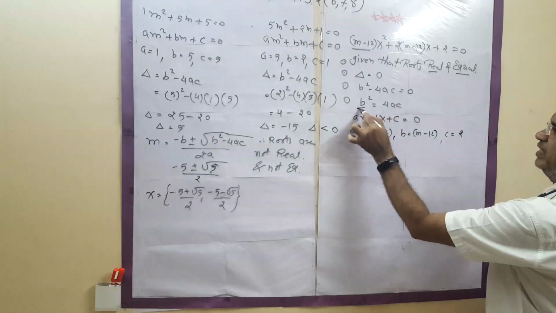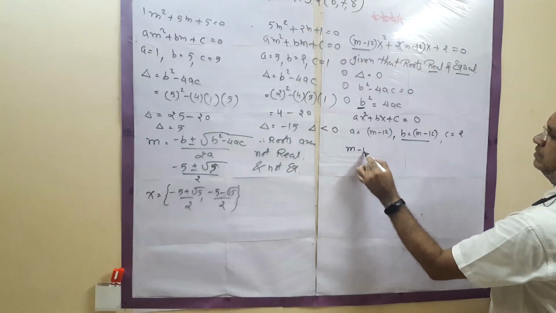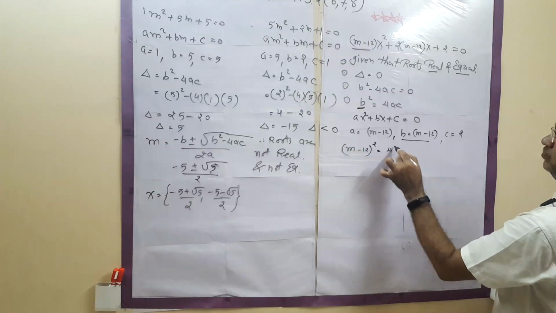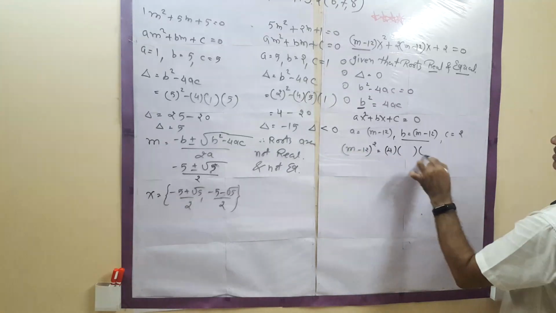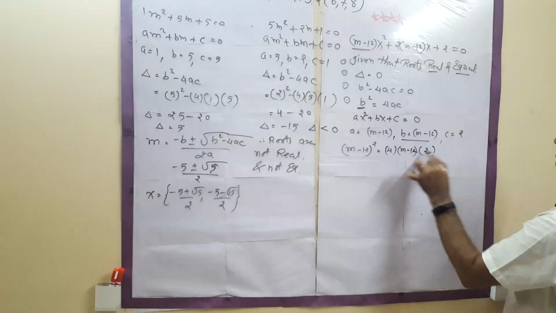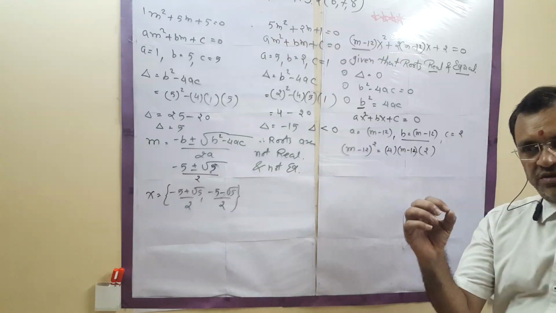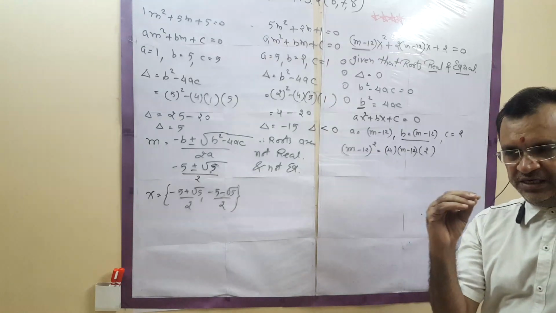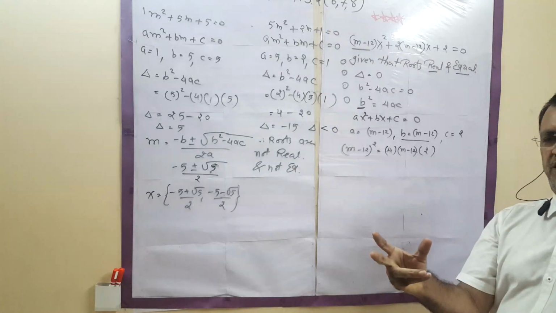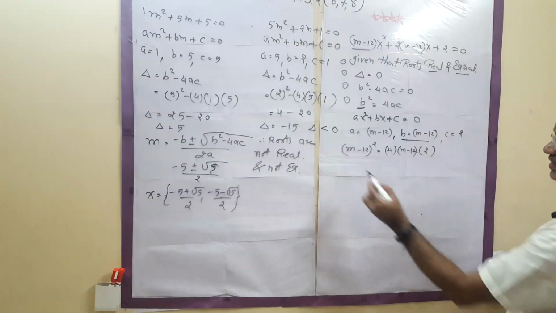Correct. Now B square means this square. Four A C. C is 2. Now from here, see very carefully, because in the digest and textbook they have given a slightly difficult method. They have opened this bracket. I will not open this bracket.